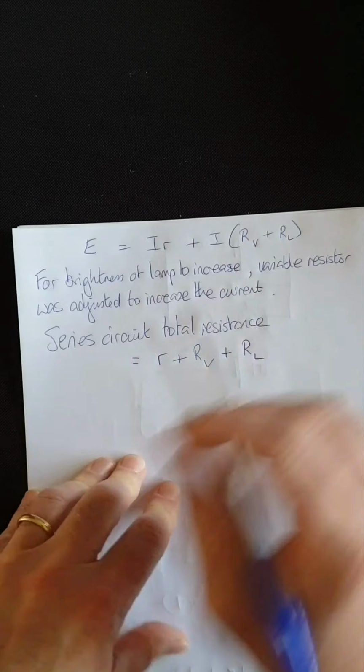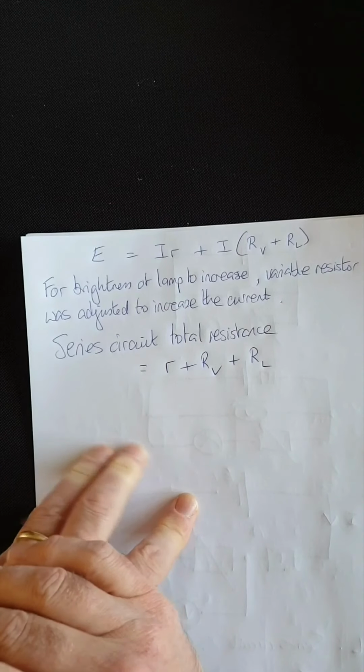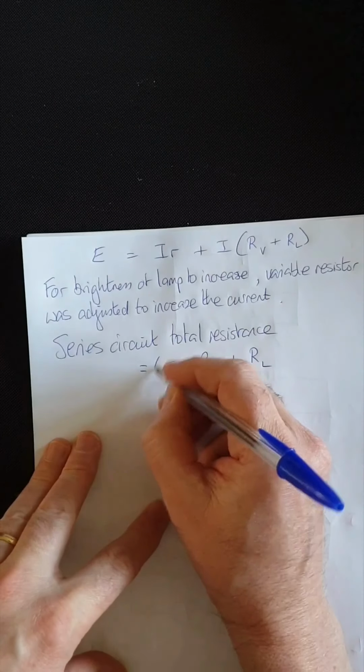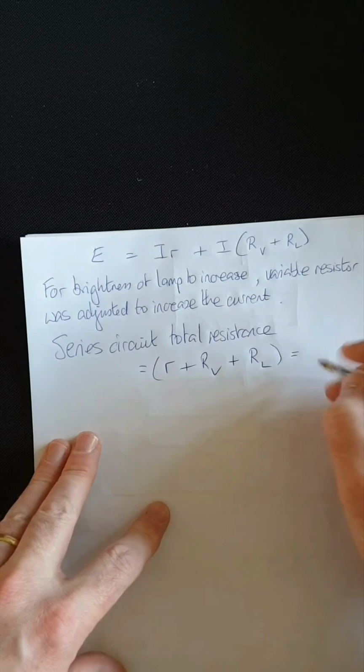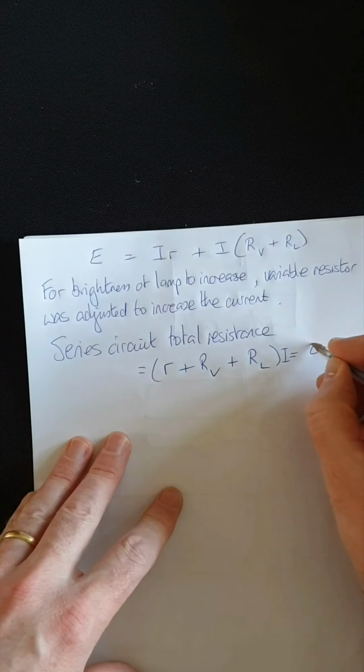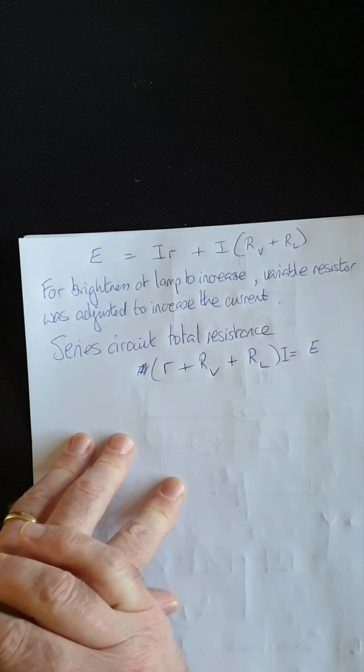From our equation above, E is equal to I multiplied by the total resistance.